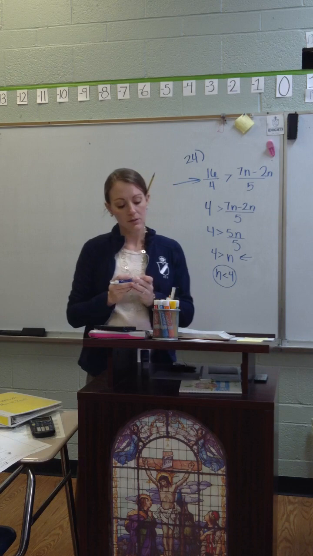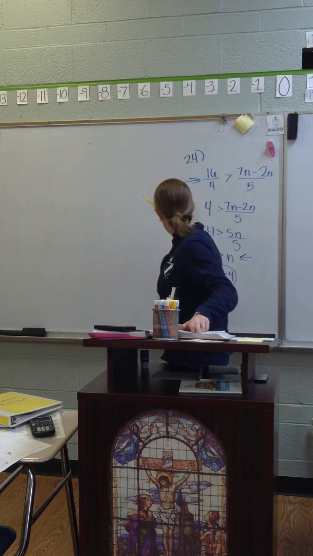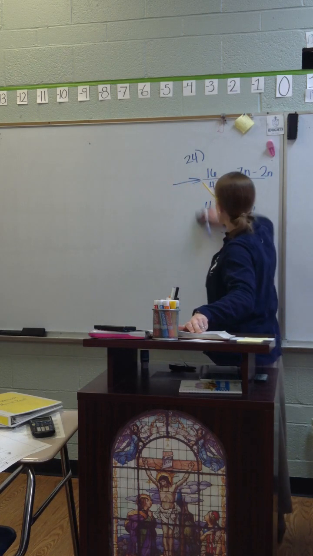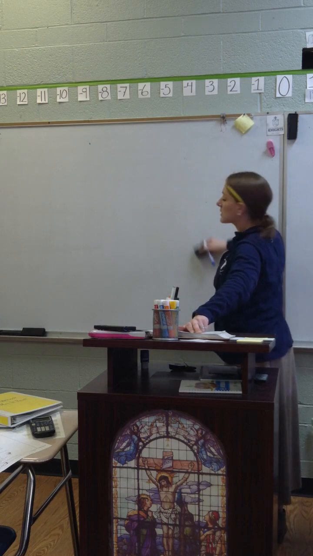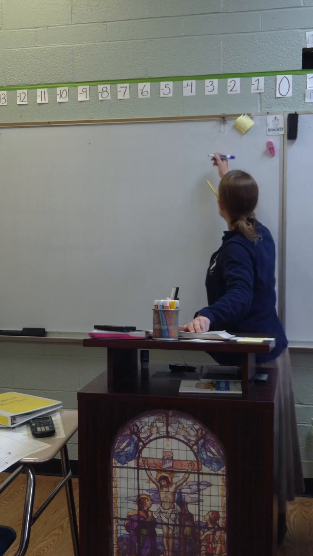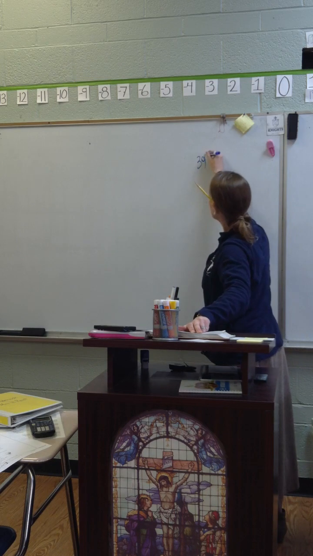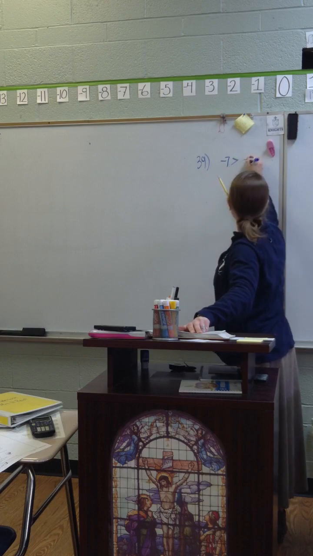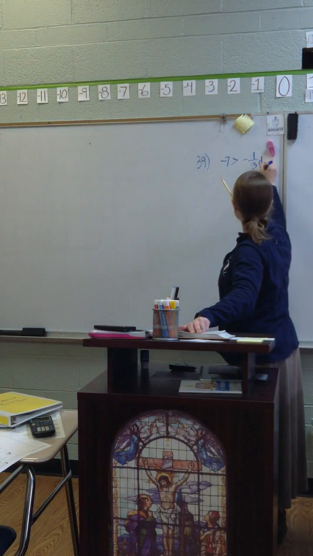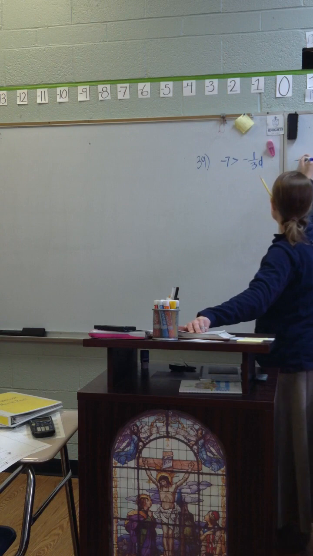Alright, 39. Kathleen, am I on the camera? Yeah, I turned it on. Thanks. So 39: -7 is greater than -1/3 d. Alright, let's think about how we would do this.